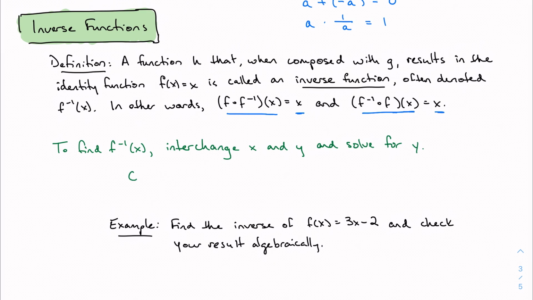We can check our result by composition, and we have to check our result in both directions, because I want to make sure this works out both ways.